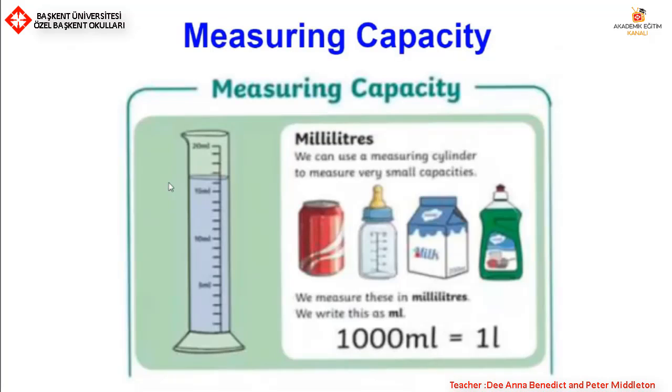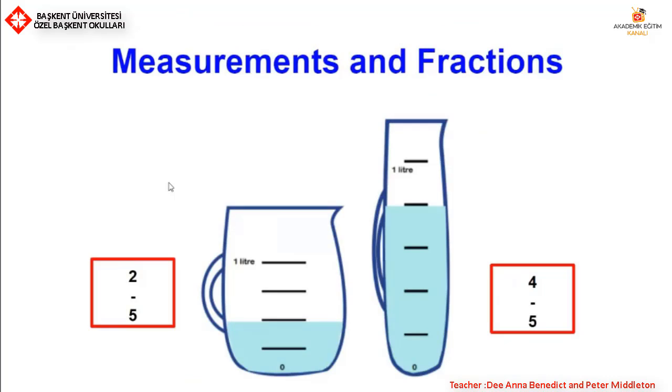Measuring capacity, and here we have different liquids, and we're measuring them. We have 1 liter, and in 1 liter there are 1,000 milliliters. And we can measure these using liquids. We can use fractions to help us.